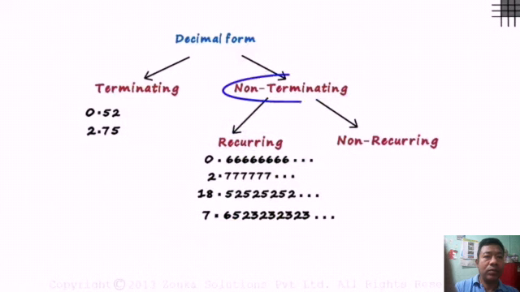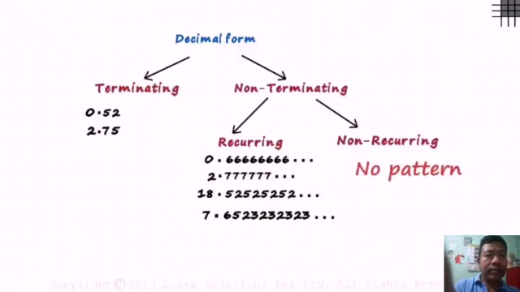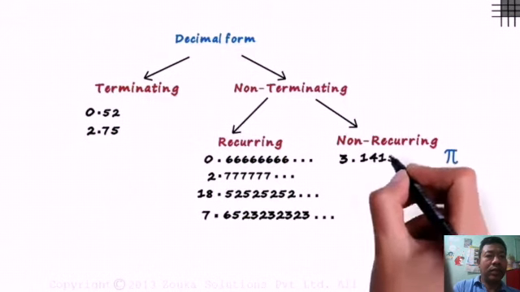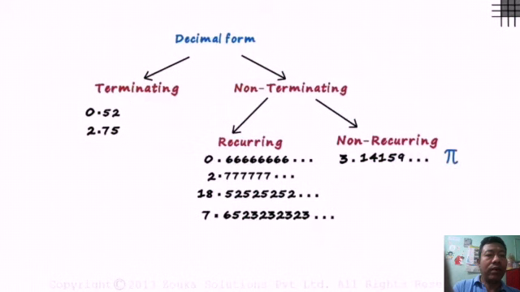Now let us see what non-terminating, non-recurring decimal forms are. Let's take the value of pi. They have no patterns after the decimal and are never ending. The value of pi, let us take 3.14159 and so on.